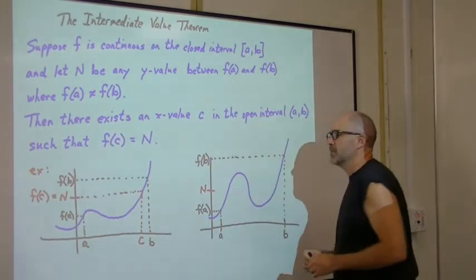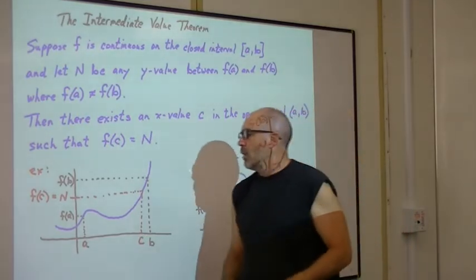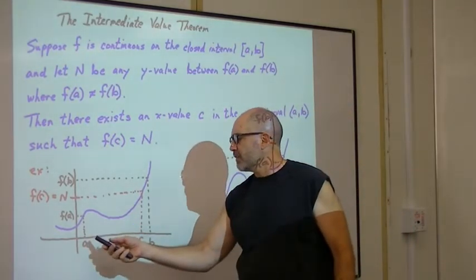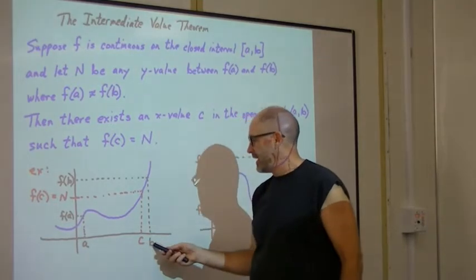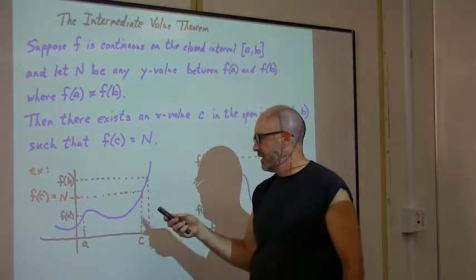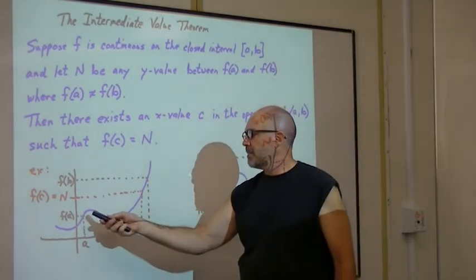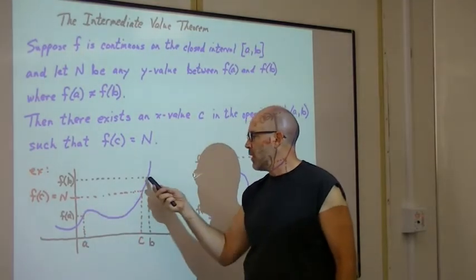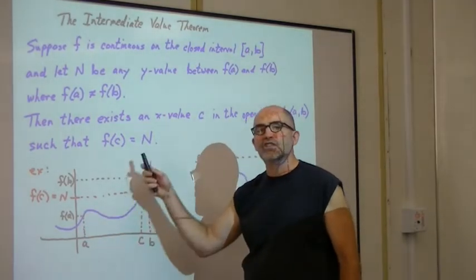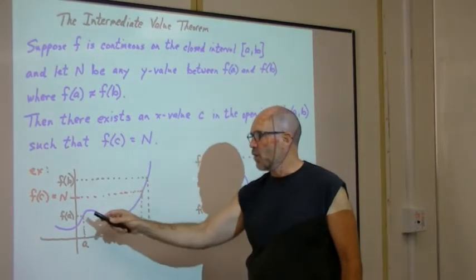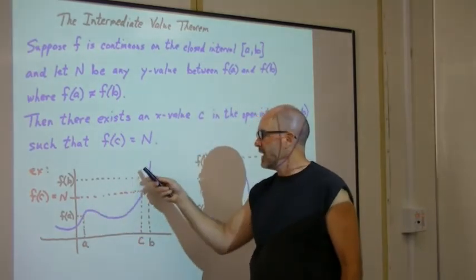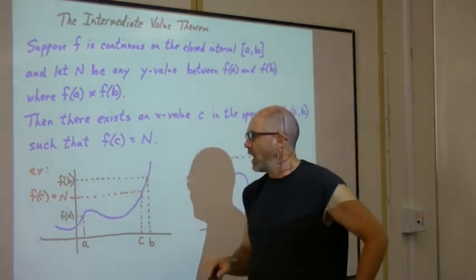All right, what's this saying in plain language? What it's saying is, if I'm going from a to b with no breaks in it, and the point at a and the point at b have to have a change in altitude, I have to go from one point in the y to another point in the y.